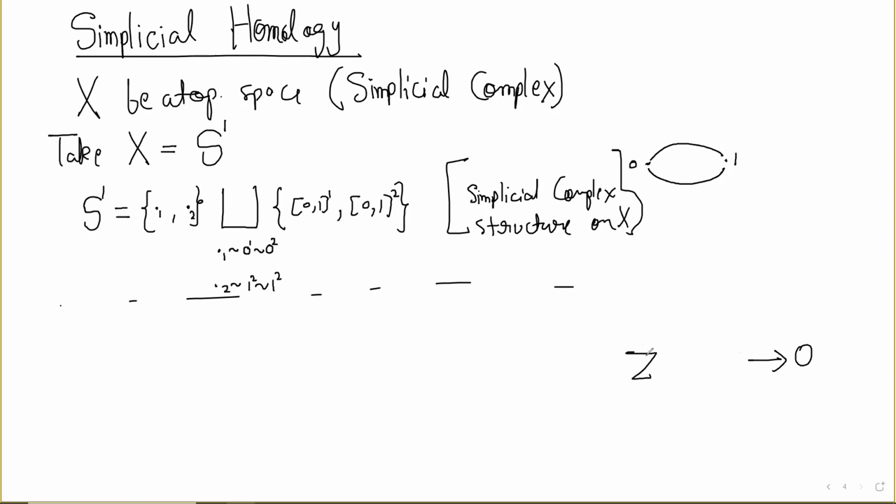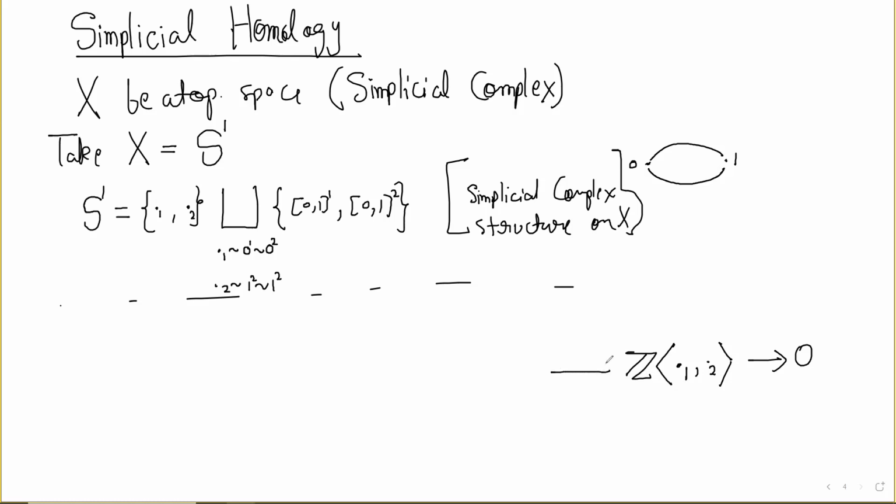We have to take the free abelian group. So again, free groups come in. We have to take the free abelian group generated by, so how should we write that? Free abelian group, maybe I will write like this, on the points.